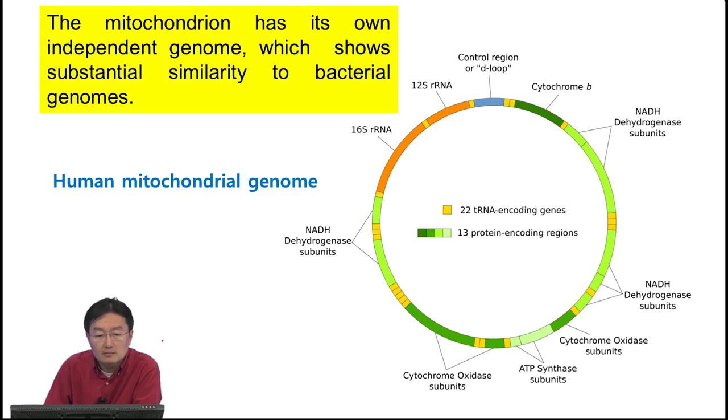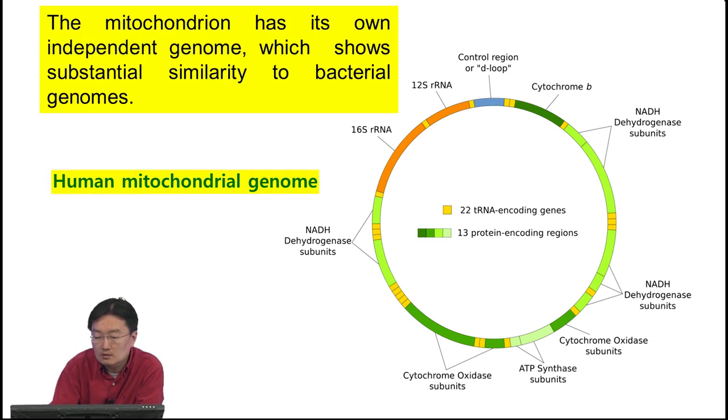Very interestingly, mitochondrion has its own genome. As you know, genetic information is located inside the nucleus, in the form of chromosome and chromatin, and your genome is stored inside your nucleus. However, some organelles like the mitochondrion have their own mitochondrial genome. You are looking at the human mitochondrial genome.